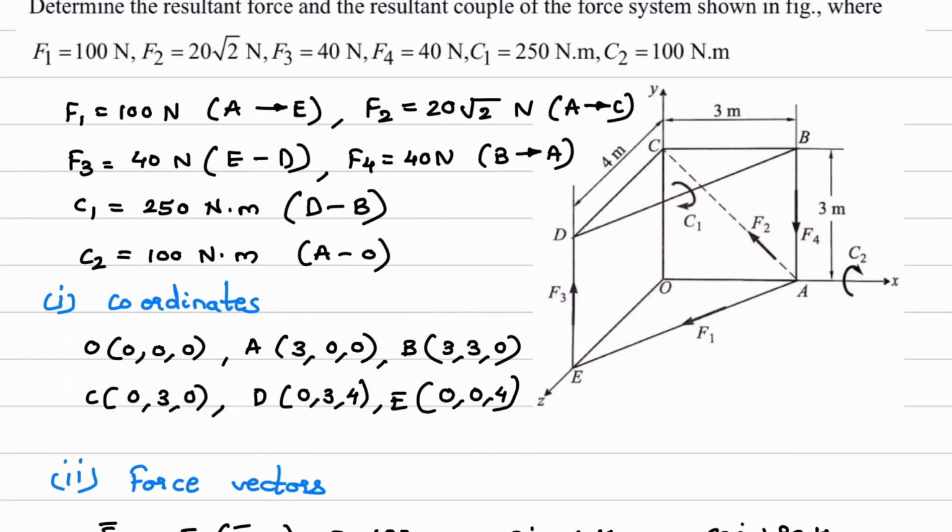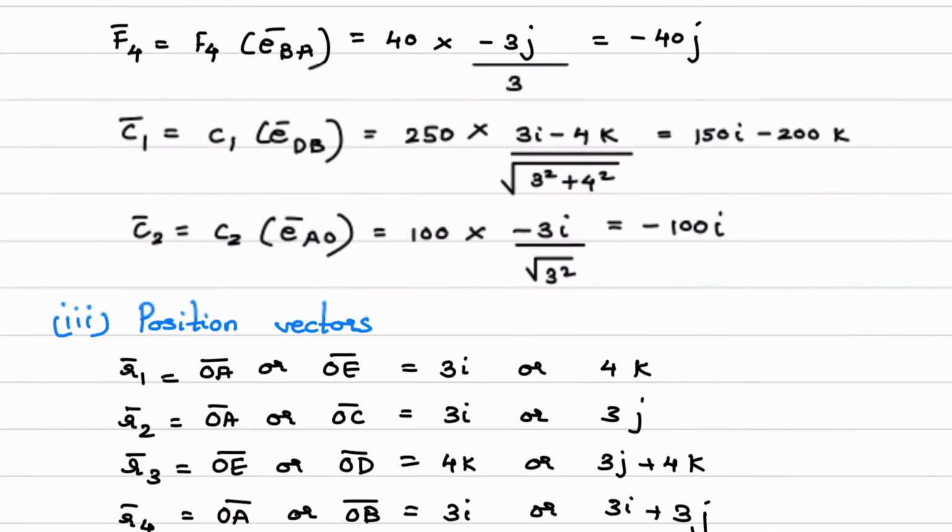Now we have force vectors and position vectors, so we can find the moment vector. Next, the fourth heading: moment vectors. The moment vector of the first force will be the position vector of the first force with respect to point O, cross product of the force vector.